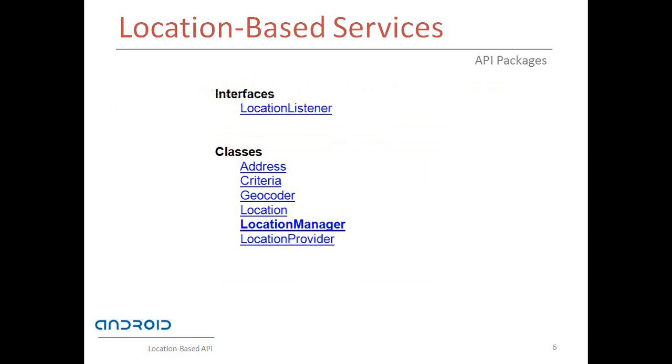This API has the following interfaces and classes that we are going to use. The interface is LocationListener, and the classes are Address, Criteria, Geocoder, Location, LocationManager, and LocationProvider.